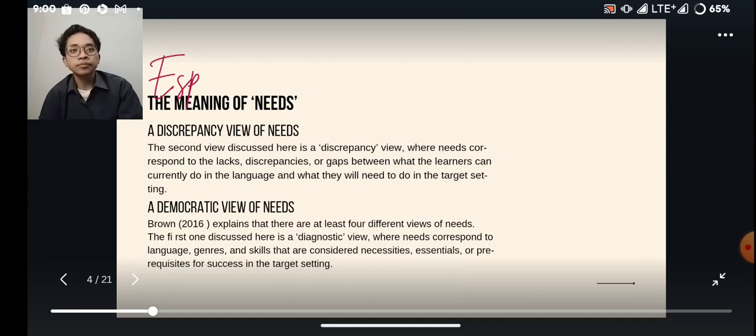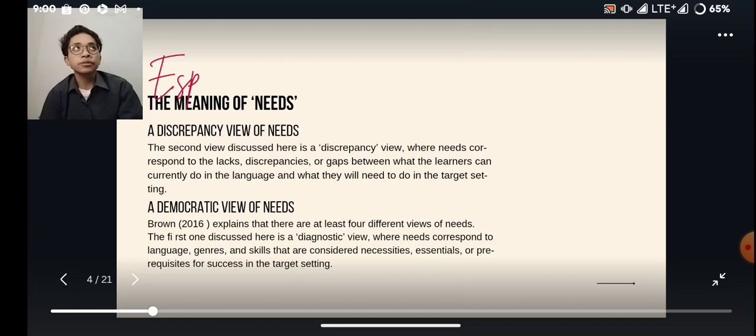Alright, next we can have the democratic view of needs. The third view discussed here is the democratic view, where needs correspond to what different stakeholders want, desire, expect, or request from the ESP course.